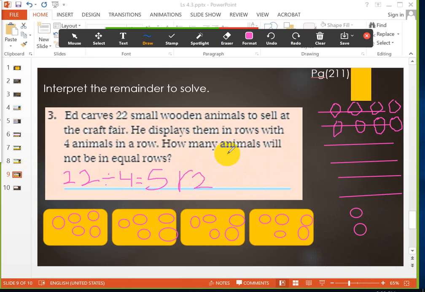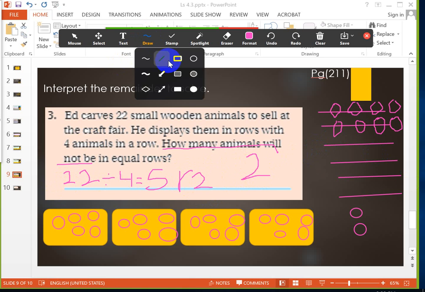The answer for this problem, sorry. How many animals will not be in equal rows? How many? I have left over with me 2. So the answer for this problem is 2. This is not the answer. This is the operation, the division.